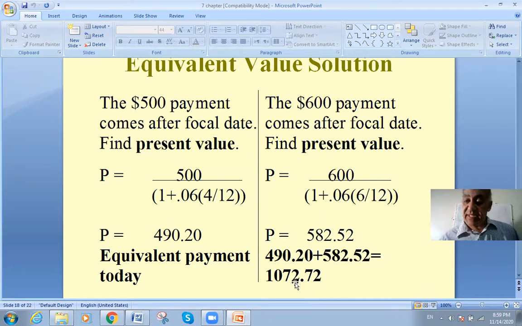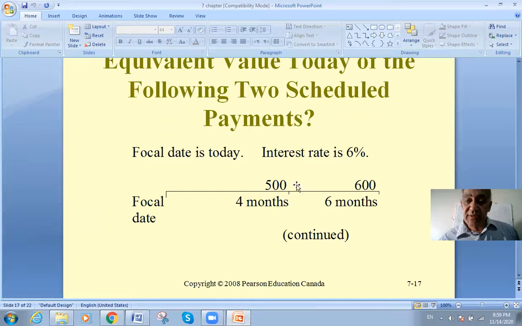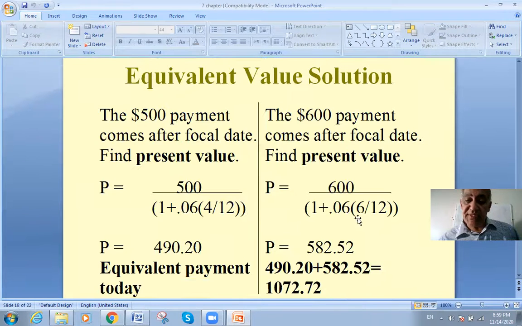The second amount is the same thing: $600 divided by 1 plus 0.06, which is the interest rate, multiplied by the period of time.